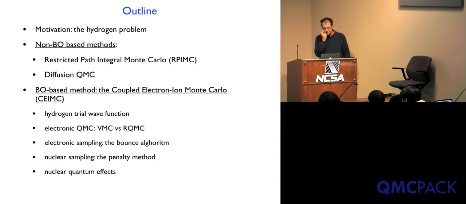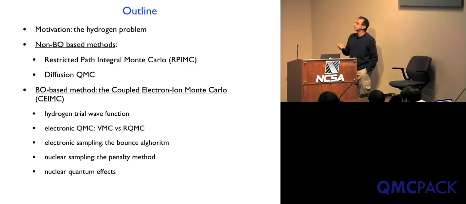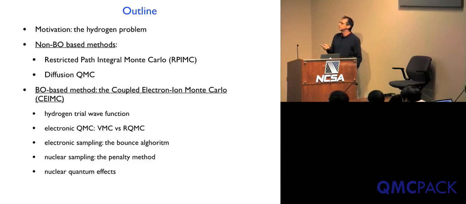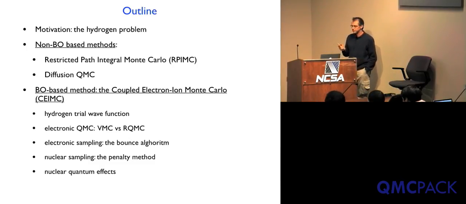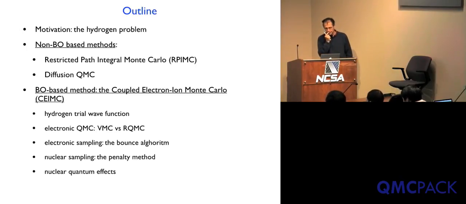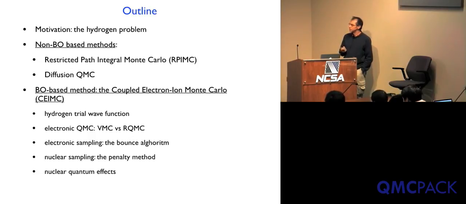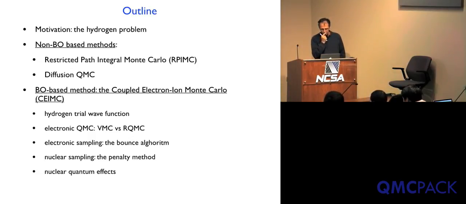So there will be an introduction. Then I would like to emphasize that we can do non-Born-Oppenheimer methods like restricted path integral or diffusion quantum Monte Carlo in the case of hydrogen. And we can also do Born-Oppenheimer methods, and this is the coupled Electron-Ion Monte Carlo.